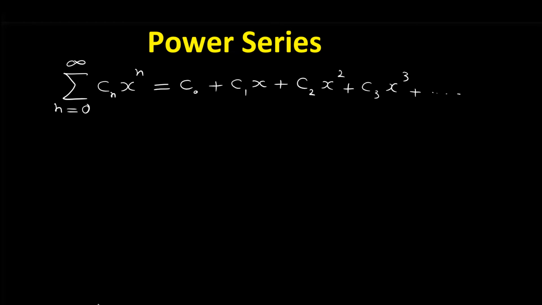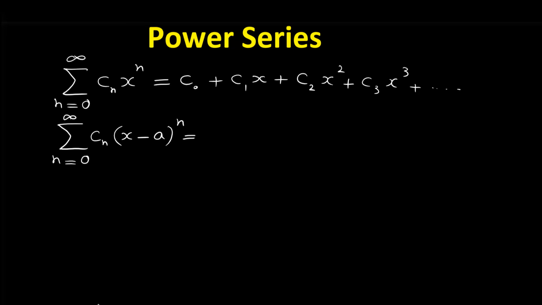More generally, a power series is in the form of sigma n from 0 to infinity c sub n times x minus a to the power of n. If you put n equals 0, the first term of this power series would be c sub 0 times x minus a to the power of 0.